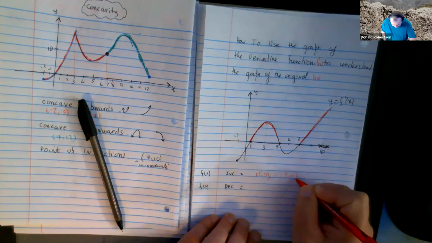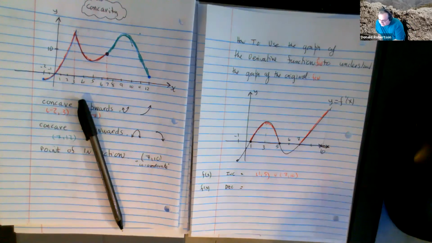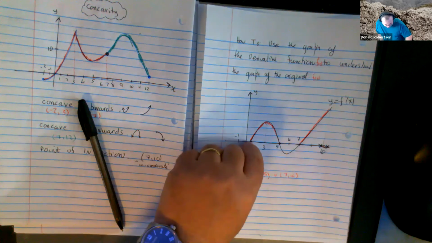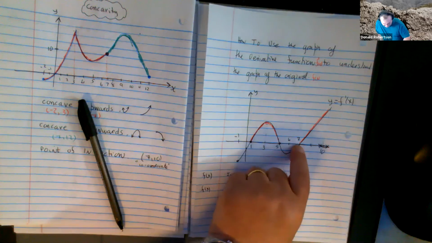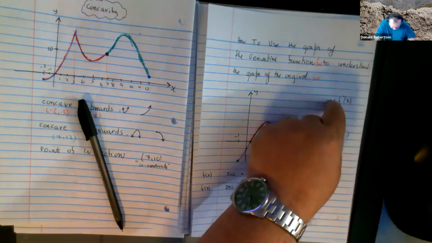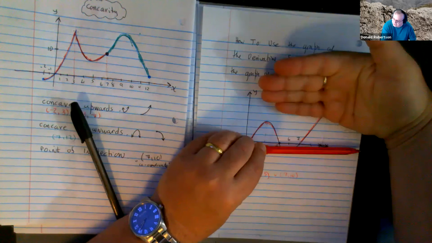So do you see I can use this to tell you where the original function is increasing and decreasing? It's increasing from x is 1 to 5 because the derivative is positive. It's increasing from 7 to 10 because the derivative is above the x-axis, right? That's where the positive values are.